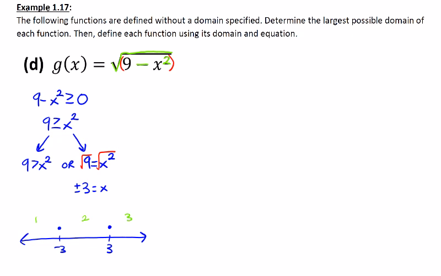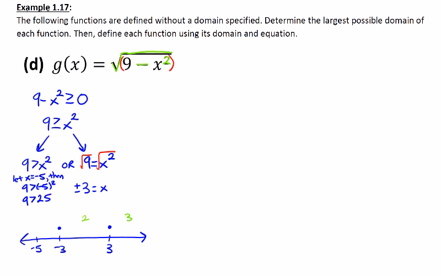So over here on the left section, let's pick, let's say, negative 5, for example. So if I let x be equal to negative 5, then this inequality is going to say 9 is greater than negative 5 squared, which means 9 is greater than 25.